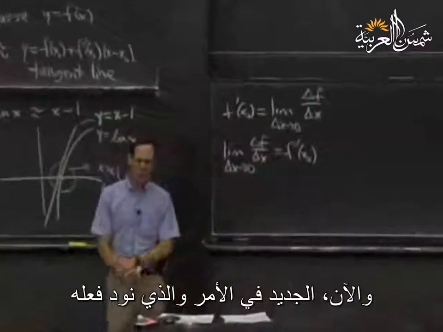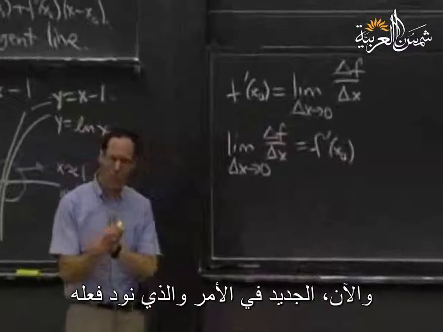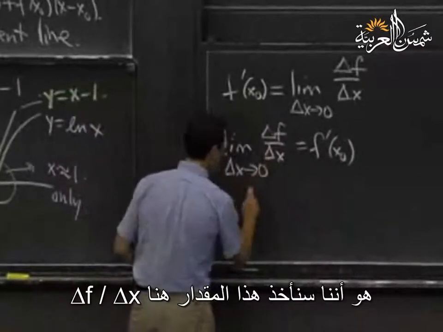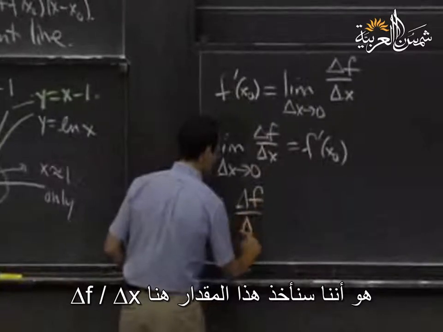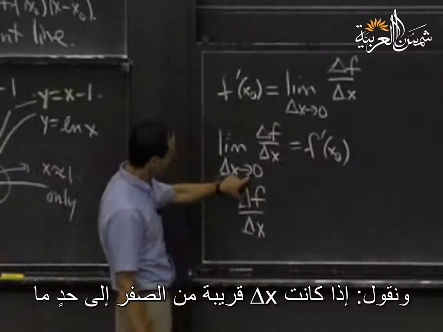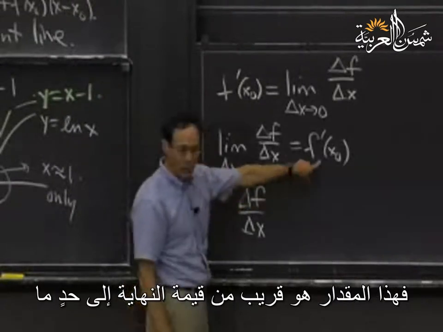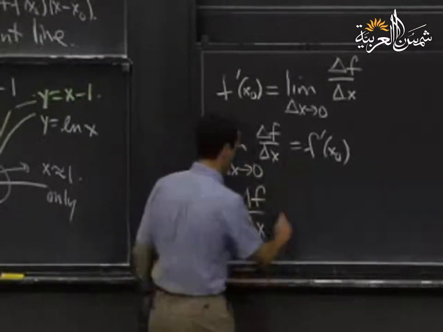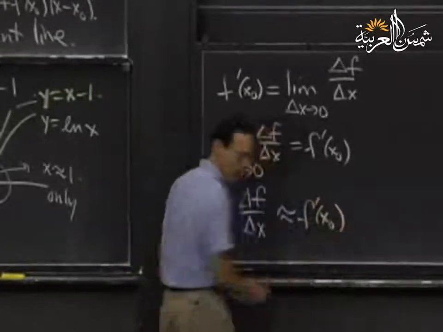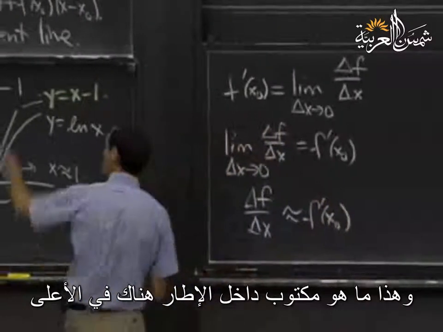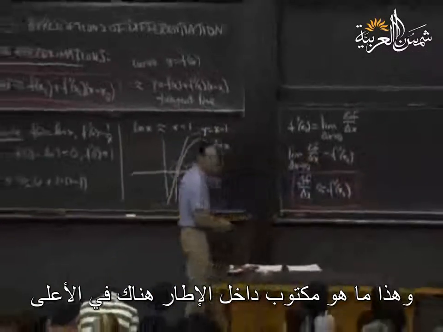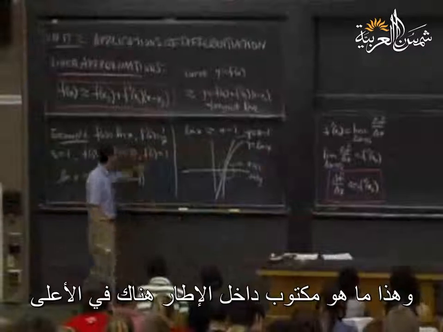Now, what's new about what we're going to do now is that we're going to take this expression here, delta f over delta x, and we're going to say, well, when delta x is fairly near 0, this expression is going to be fairly close to the limiting value. So this is approximately f prime of x0. All right, so that, I claim, is the same as what's in the box in pink over here.